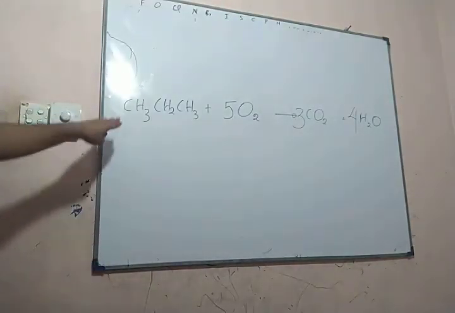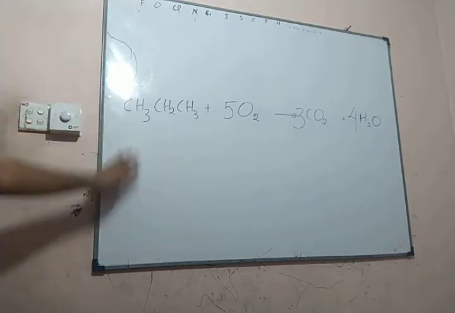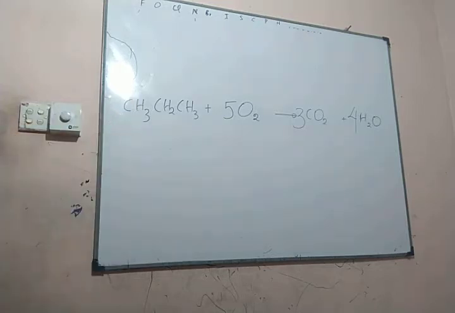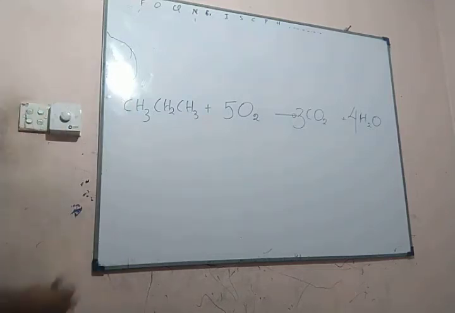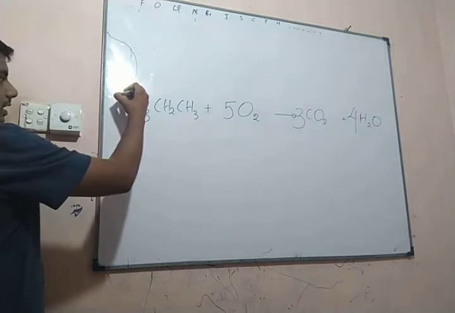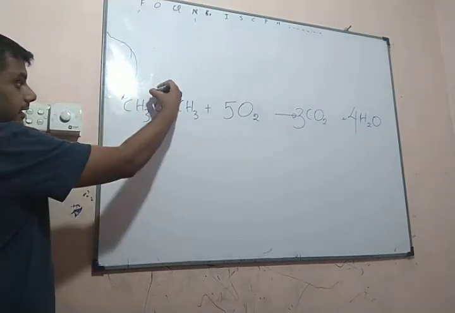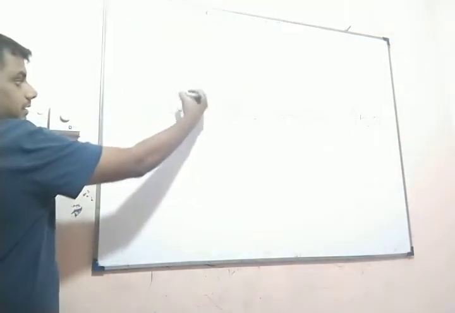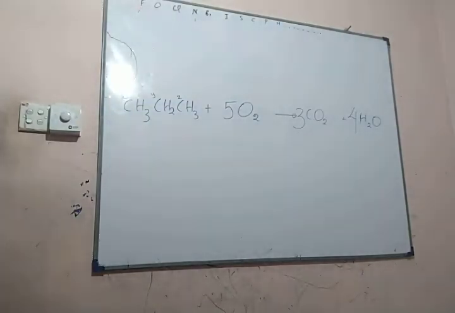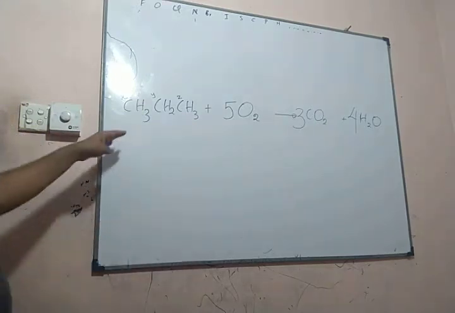Okay, now let's find the oxidation states of carbon. There are 3 carbons. So this carbon is marked as X, this carbon is marked as Y, and this as Z. X, Y, Z. Hydrogen, you don't need to mark.